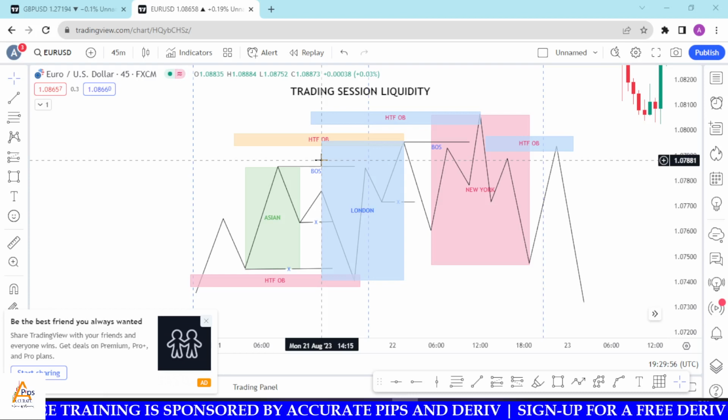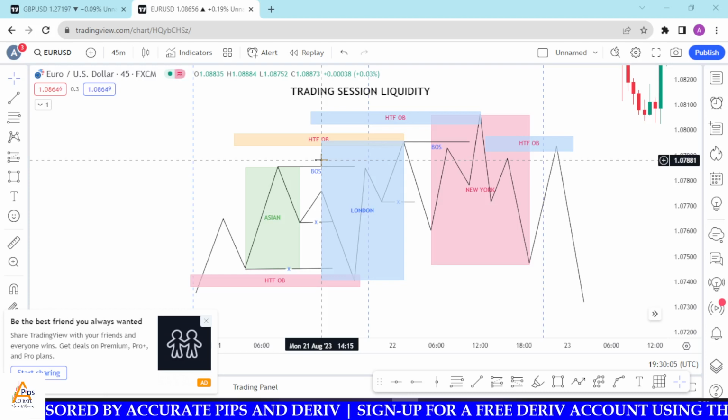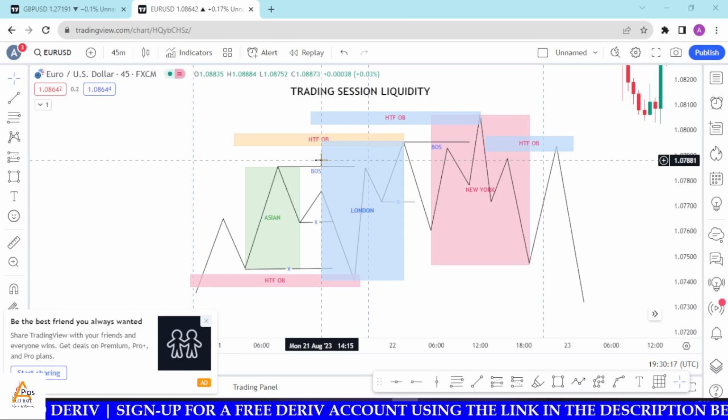The reason why session highs and lows are strong liquidity is due to these factors. As I said at the beginning of the lesson, we have a lot of strategies that we use in trading sessions, and everybody has the strategy they are using.